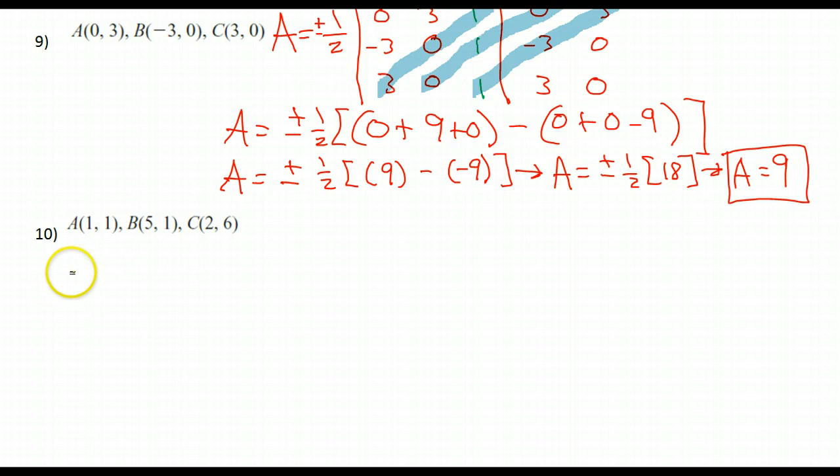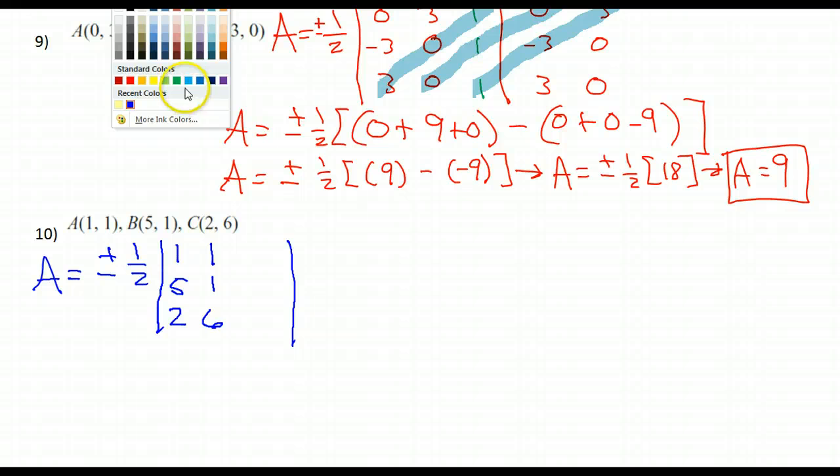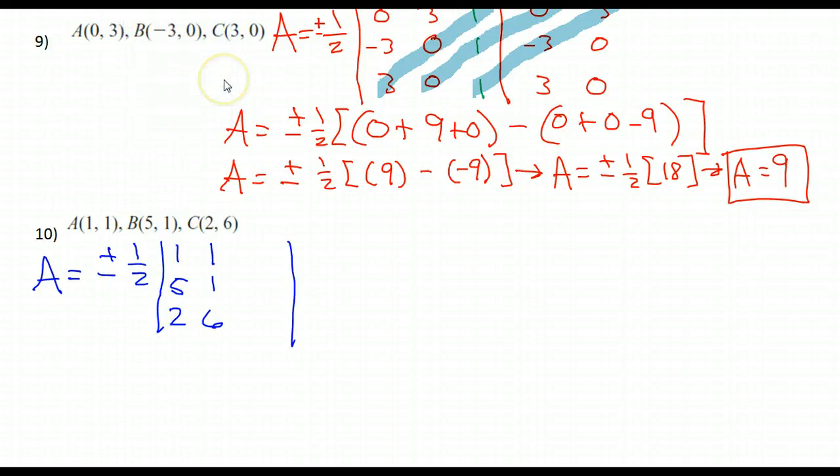Rapido, right? Quick. The area will be, once again, plus or minus 1/2 the determinant. Alright? And the determinant will come from 1, 1, 5, 1, 2, 6. Okay? And then I will fill in 1, 1, 1.